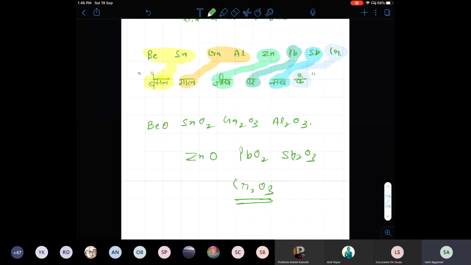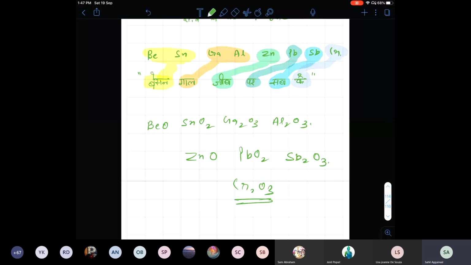What does that mean? It means that everyone has besan applied on their cheek and tongue. Yes, that's what. So what is after PbO2? It's Sb2O3. It's like putting besan on everyone's cheek and tongue.